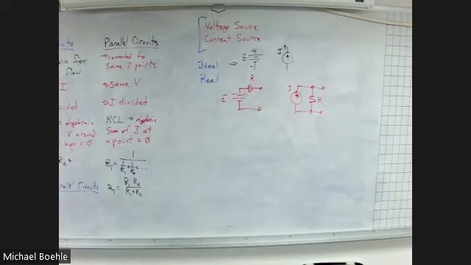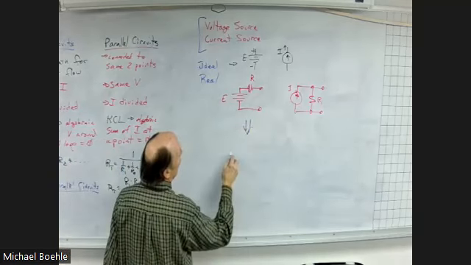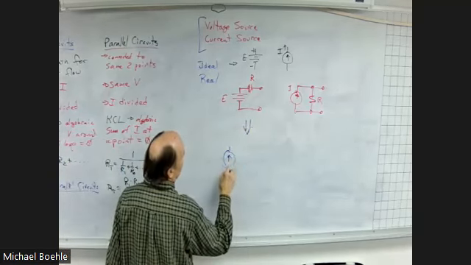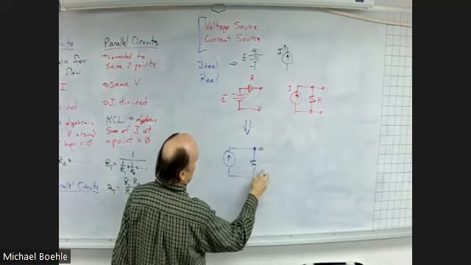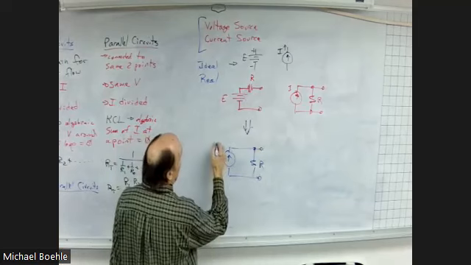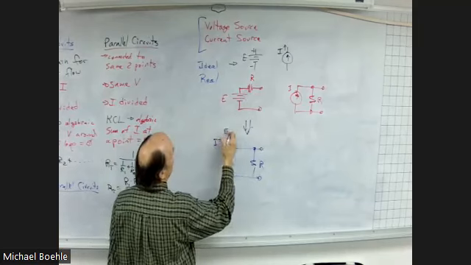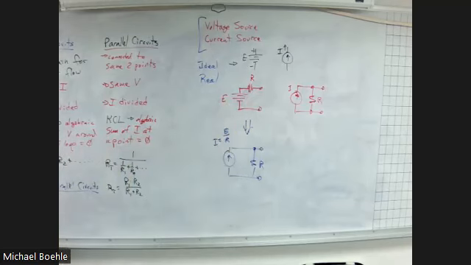Well, I can't tell the difference between the two, as long as the values match certain parameters, right? So if I want to convert this into a current source, the resistance stays the same, and the magnitude of the current simply becomes the voltage divided by the resistance.